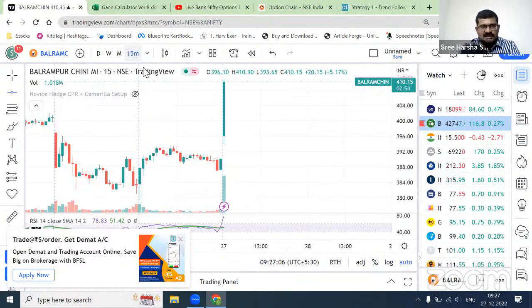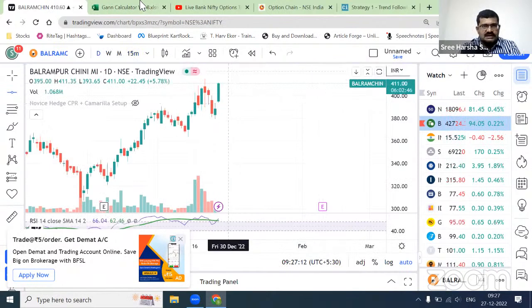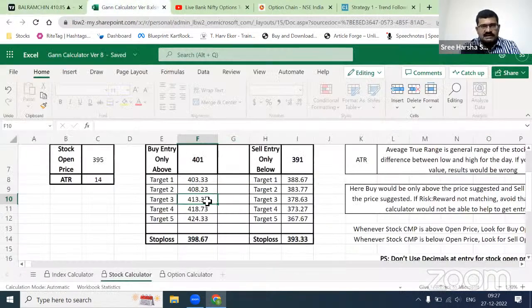I think there will be some amount of movement: either it will go right now to 413, or it may come here and then go there. So we need to see what it is going to do. If anybody wants to look at this, see, this is a momentum trade. We need momentum here. As long as momentum is there, everything is great.